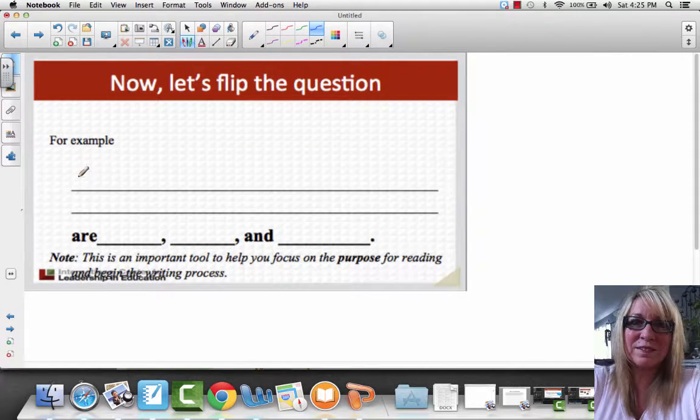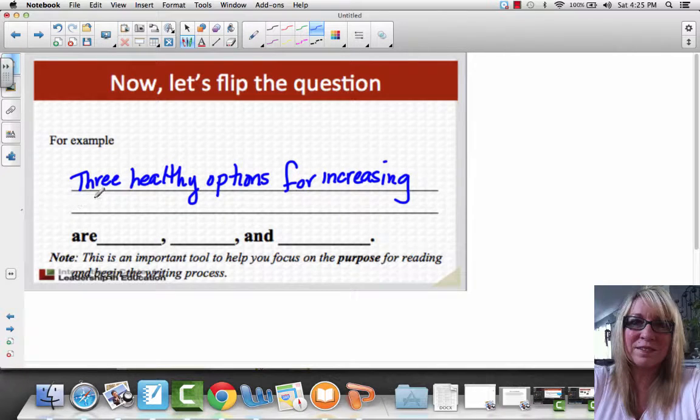So for example, 3 healthy options for increasing fertility are blank, blank, and blank. Because we don't know what they are yet. We haven't read the article.